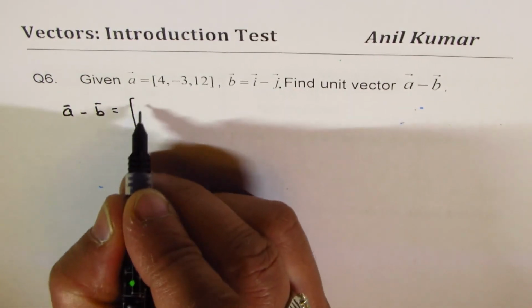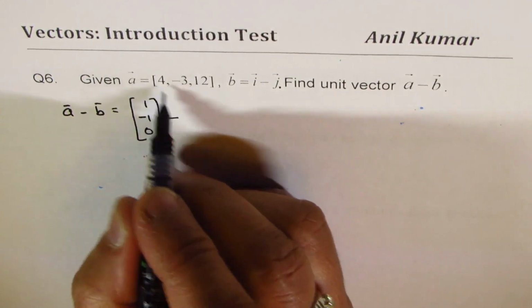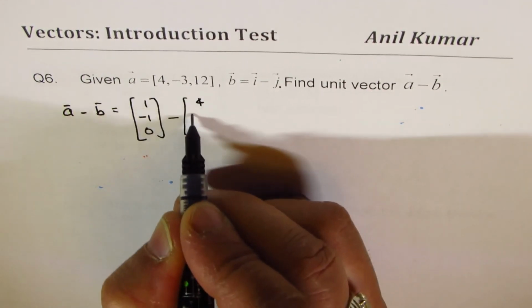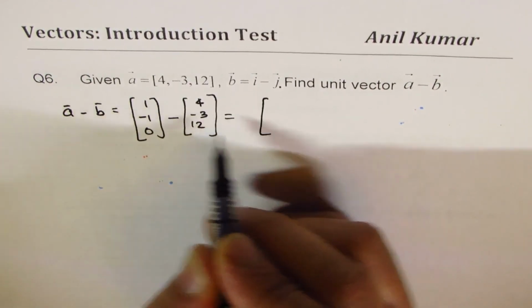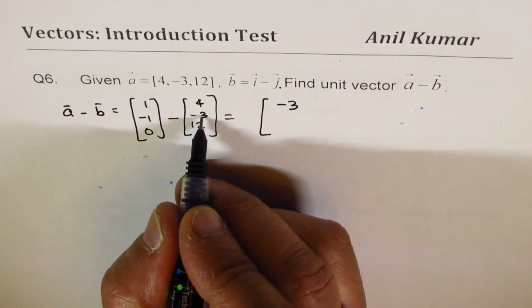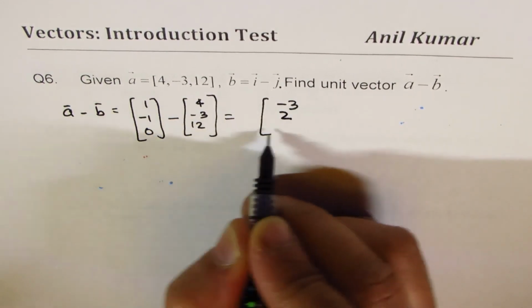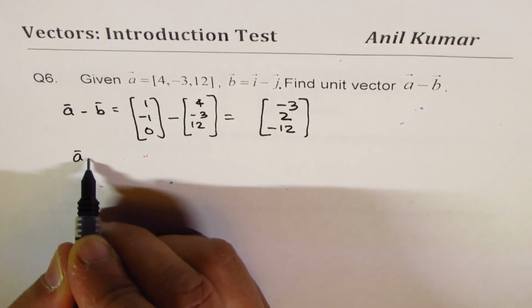So k is 0, so 1, minus 1, 0, minus vector A, which is given to us as 4, minus 3, 12. That gives us 1 minus 4 is minus 3, minus 1 plus 3 is 2, and that is minus 12. Correct? So that becomes the vector A minus B.